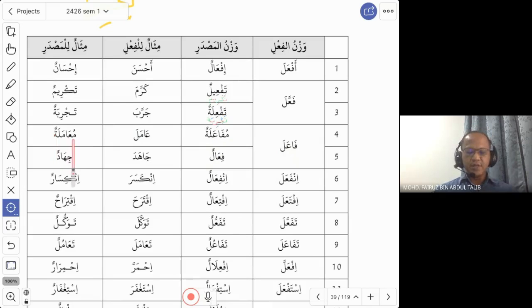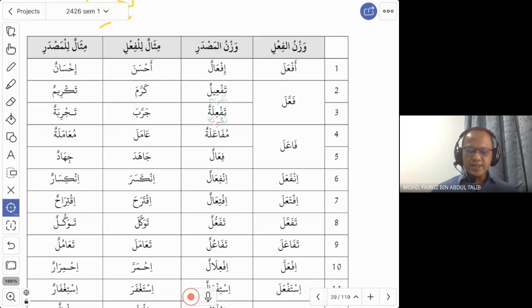So you have the masdar for amala. Amala yu'amilu mu'amala. Amala means to treat. How do you treat people? Mu'amala, the way of treatment of people, we say mu'amala. Okay, so that is the meaning of amala, mu'amala.